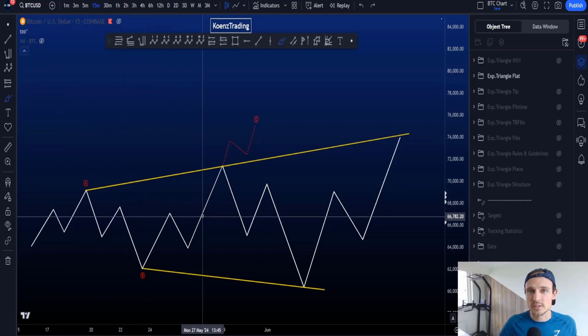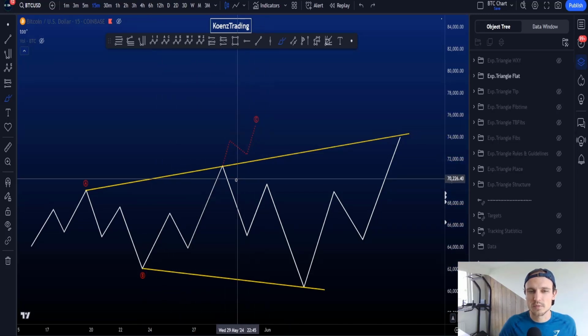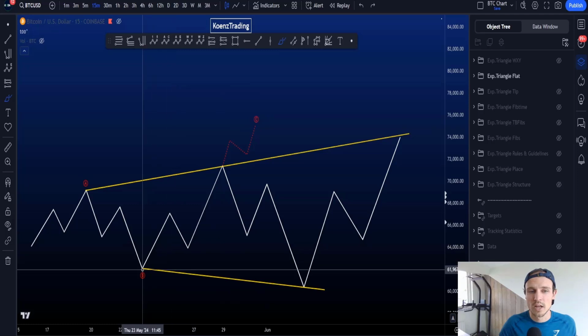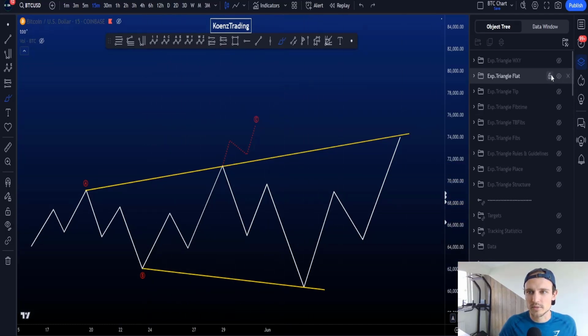However, the difference is that in a wave C, you're aiming for a 5-wave structure, 1, 2, 3, 4, 5, and in an expanding triangle, you of course want a 3-wave structure in a zigzag before then turning back around.